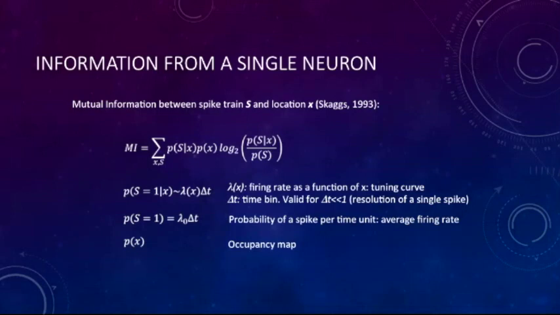Basically, he came up with a description of mutual information between the spikes that you detect and the spatial location of the animal. This is a direct application of the mathematical formula I showed you before. In this case, it is the probability of spiking knowing the position times the probability of being somewhere, and the log of the ratio between these 2 values and the probability of spiking.